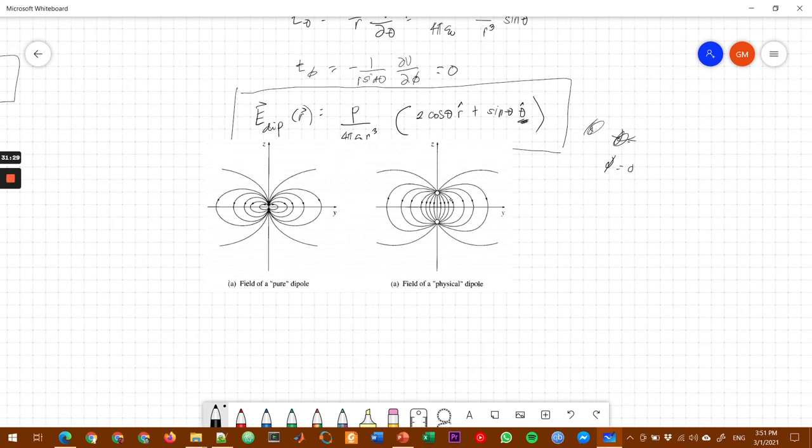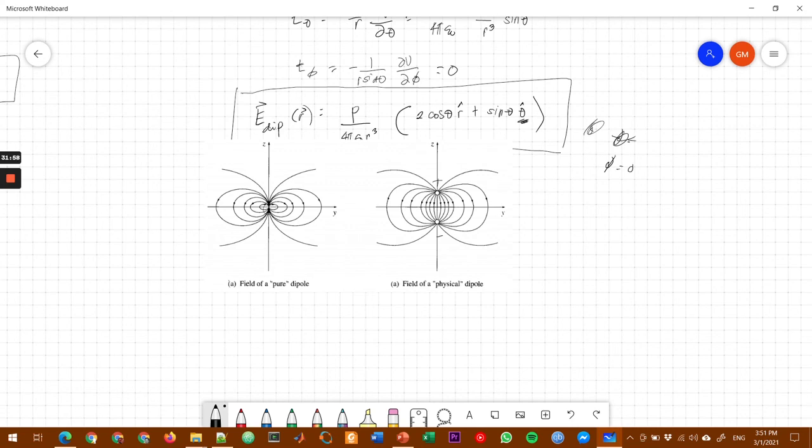That's why its direction is like this. The electric field is always directed from the positive towards the negative pole. It's similar to your pure dipole, which is like a point. The field lines are just stronger because it's like a point at the origin, right?